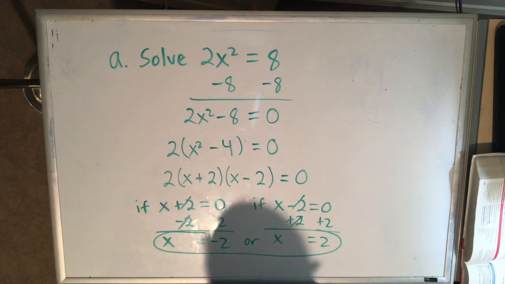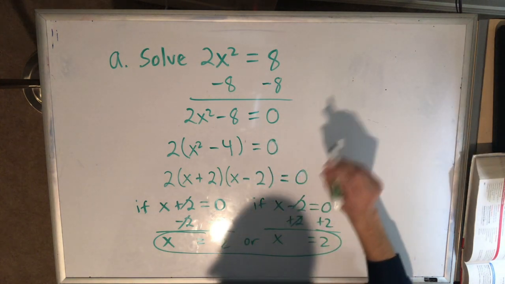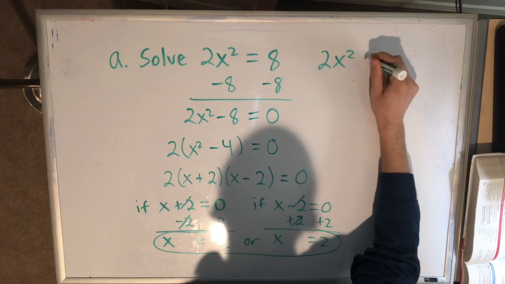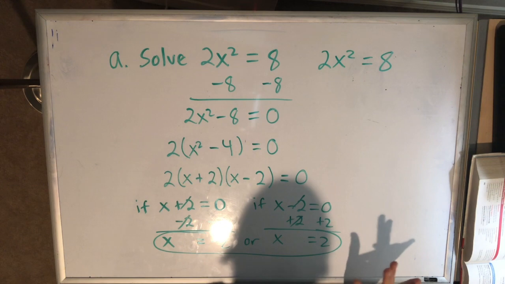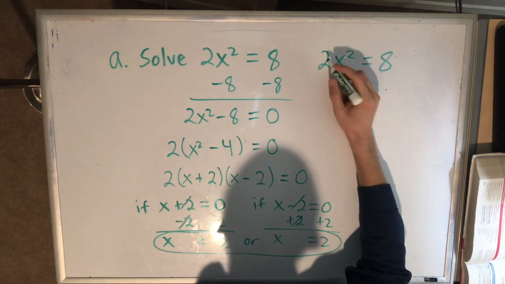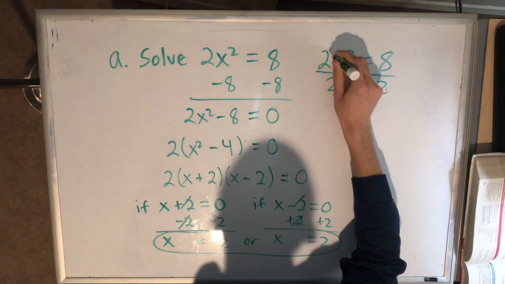But now we're going to look at a different way of solving using square roots. So we have 2x squared equals 8. With this method, you want to isolate the variable squared. So divide each side by 2. The 2's cancel out.